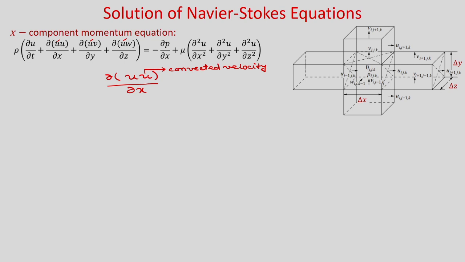So, if you use central difference, then how can you use it for this cell? This is your u(i, j, k). So, we will learn how to discretize this equation. Here we will use some convection schemes.